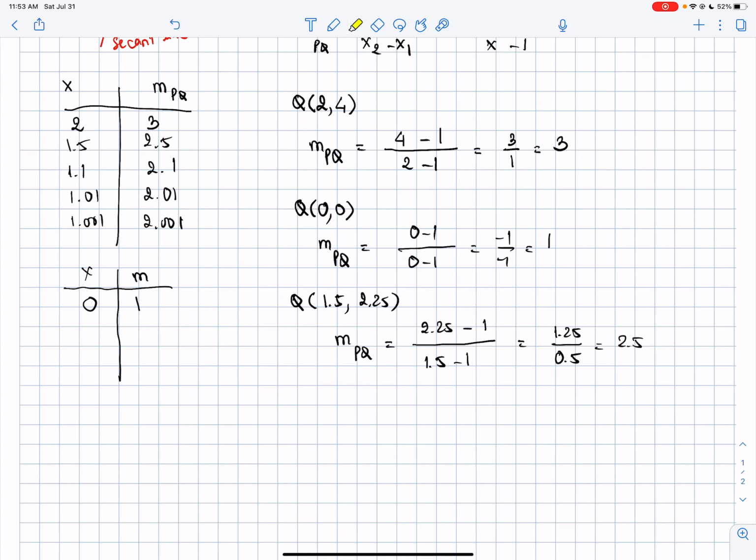You notice that they are numbers greater than 2. Now I want to approximate with the point Q that is less than 1. Less than 1 is 0.5, 0.9, 0.99, 0.999. And then I follow the same process to find the slope of the secant line, which is 1.5, 1.9, 1.99 and 1.999.